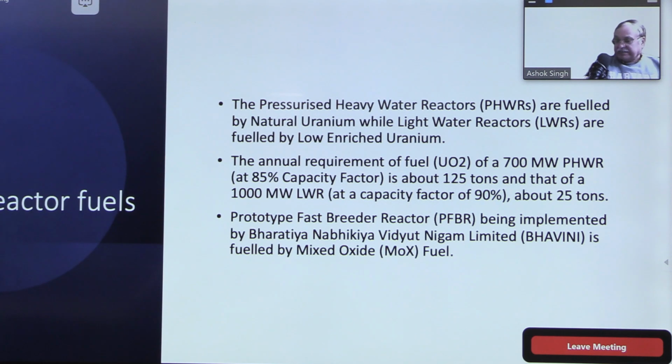This natural uranium fuel is largely made in India. Of course, India can import it also. Now we have agreements with some countries like Kazakhstan to import uranium if required. For the light water reactor, the fuel is supplied at the moment by Russia. Russia has supplied the reactors, they are supplying the fuel. The PFBR is using mixed oxide fuel. We have already pointed that out.